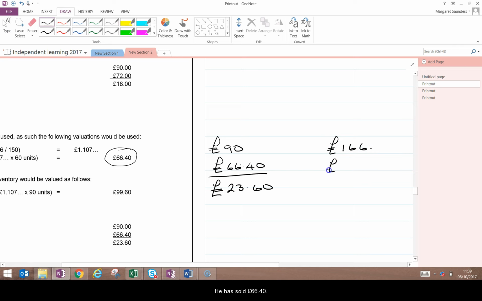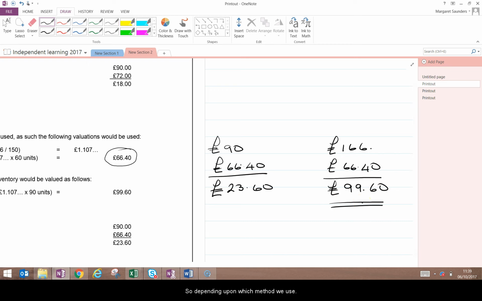He has sold £66.40, therefore his closing inventory is £99.60. So again, we have different figures. So depending upon which method we use, we will have different profit figures and different closing inventory valuations.